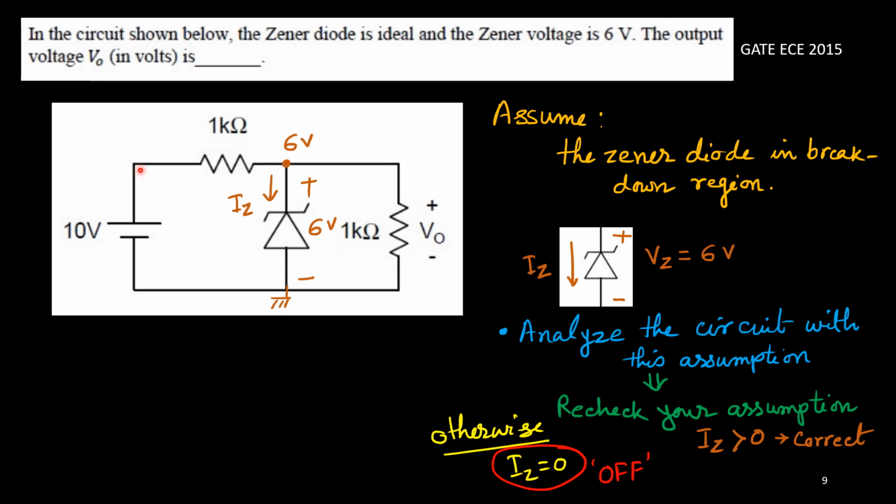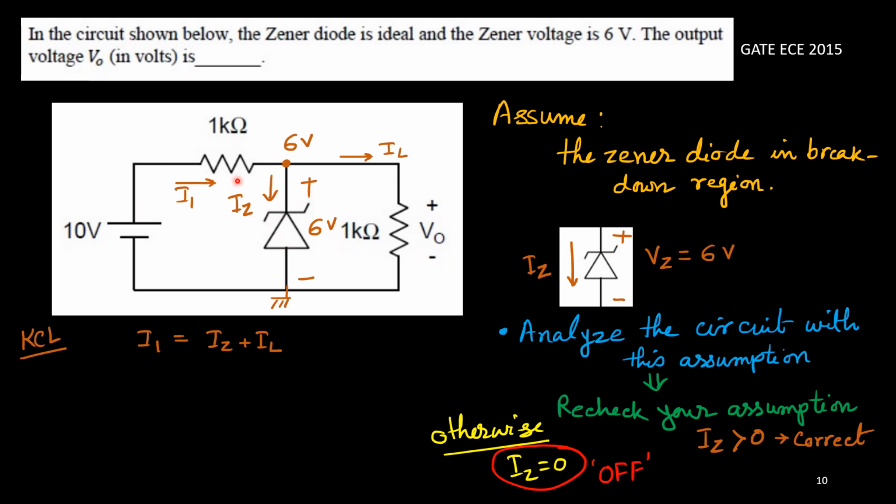This node is having 10 volt, and this is your V0. This is one junction, and there we can apply KCL, Kirchhoff's current law. Suppose this current is I1 and this current is load current IL. Obviously the supply current I1 from the source should equal IZ plus IL.